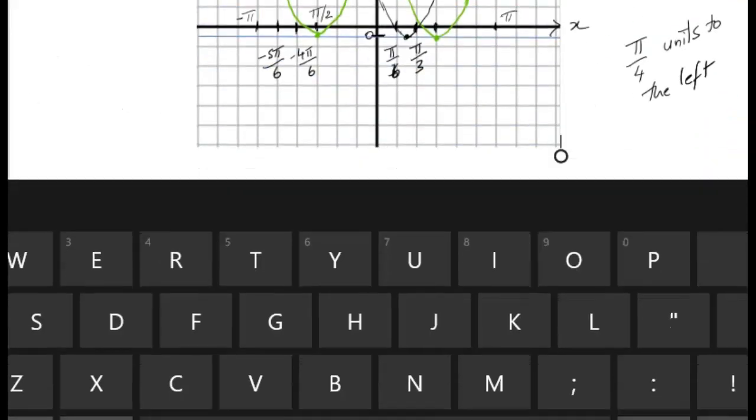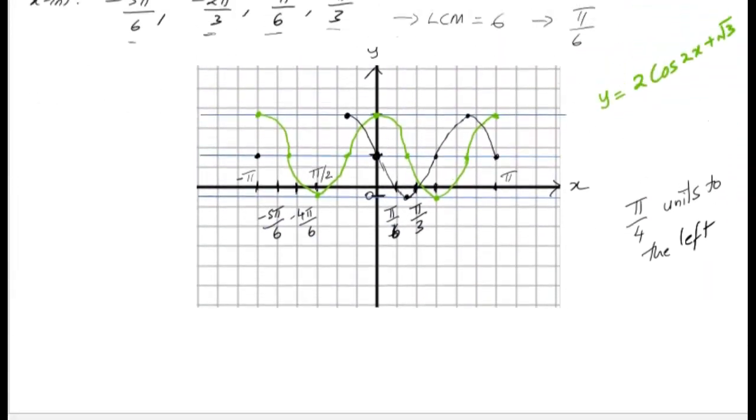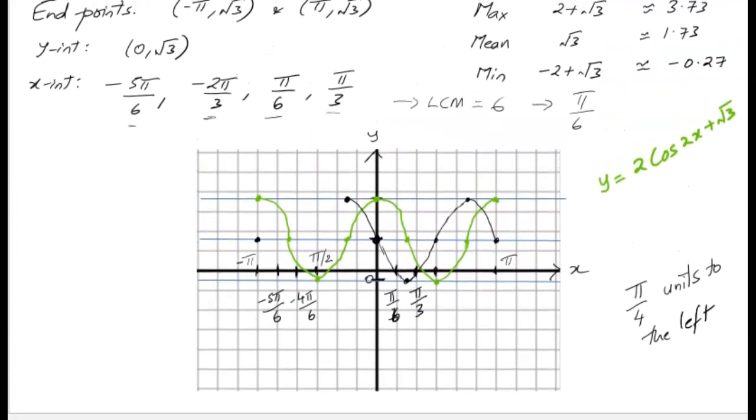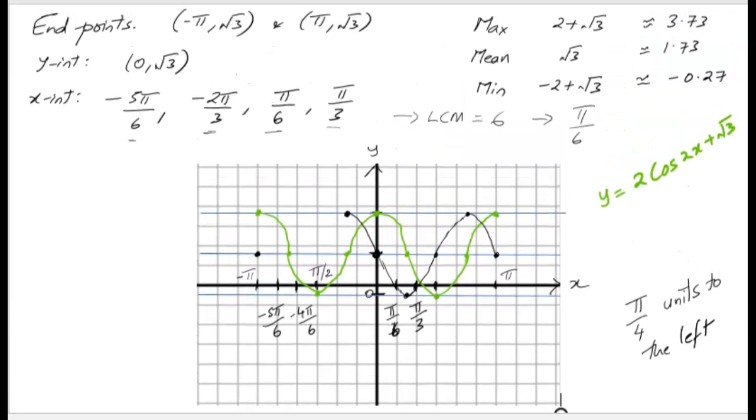And then let's finish off the other side too. Just bear with me. 1.5 boxes to the next quarter. Similarly 1.5 boxes to the next quarter. So if I join that, we just have to make sure it's passing through our x-intercepts. And with that, what we've done is we basically completed the graph with the horizontal shift.